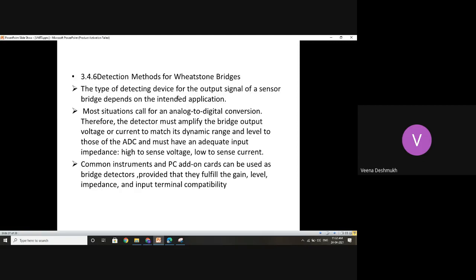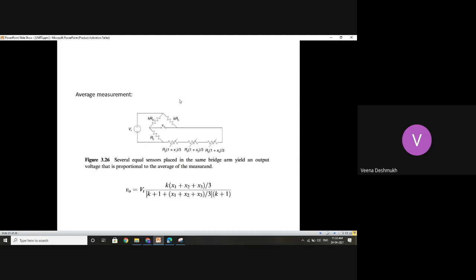So for all these three applications, we have used the null deflection mechanism of the bridge. Now, when we are considering the averaging, here this circuit will go back.